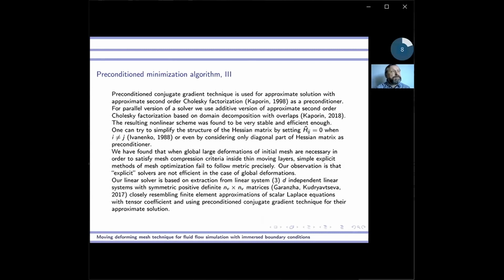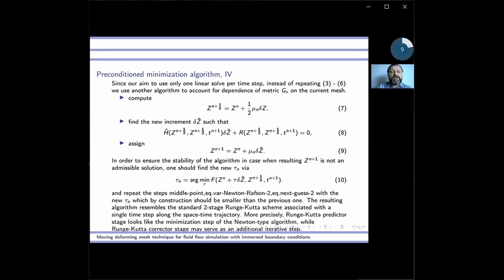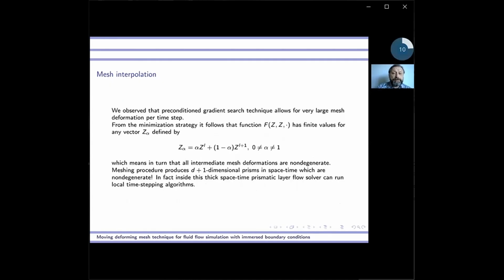We use incomplete Cholesky-based preconditioned conjugate gradient solver in order to compute the minimization direction. And also we use a two-step predictor corrector scheme, heuristic one, where the second linear solve is in practice based on the matrix from the first linear solve with its incomplete ILU factorization.